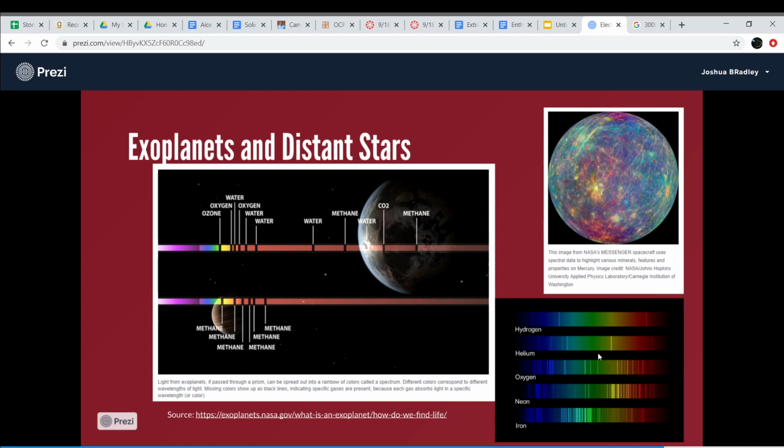Now, I want you to note there's more lines for helium and oxygen, and the reason for that is because helium and oxygen both have more electrons. So they have more electrons that can be excited, and therefore they have more lines that they could theoretically have. Okay? And this is what I'm talking about when we use that emission spectrum to double check and see what the composition of different planets are.